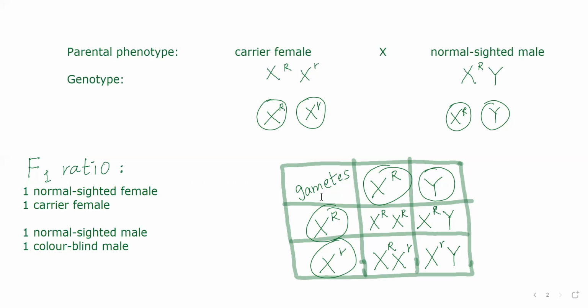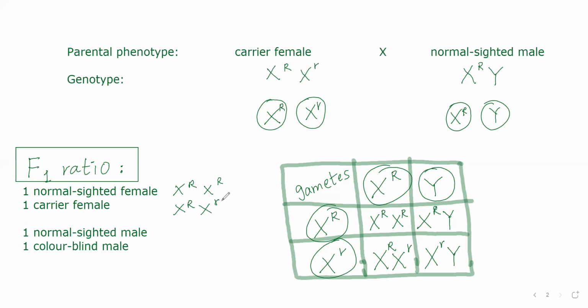How I have taken all these ratios, I have taken from here. One normal sighted female: X capital R, X capital R, no carrier in it. Then one carrier female: X capital R and X small r, since small r is the allele for color blindness.